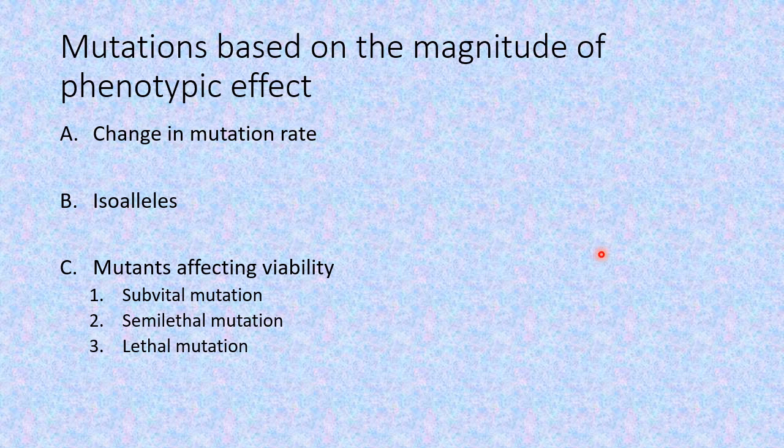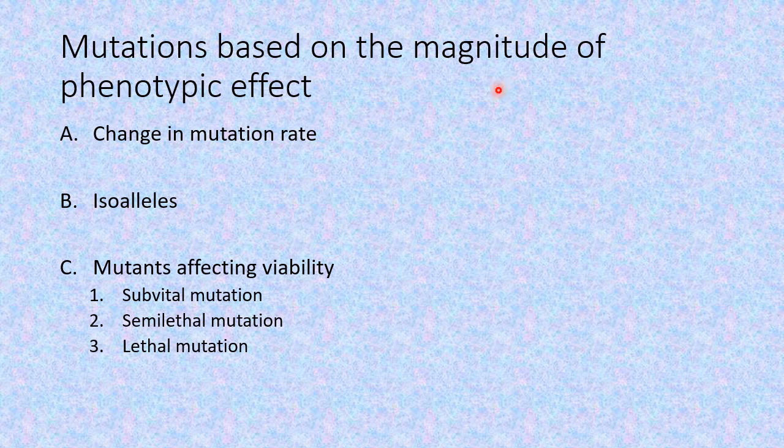So there may be mutations which suppress more of the mutations in that particular segment, or which induce further mutations. So they may result in the change in the mutation rate of that particular gene sequence.